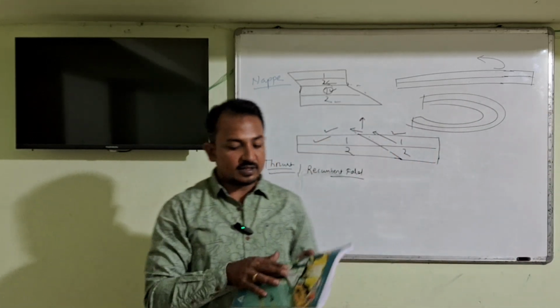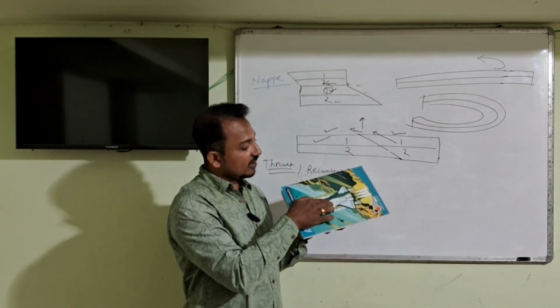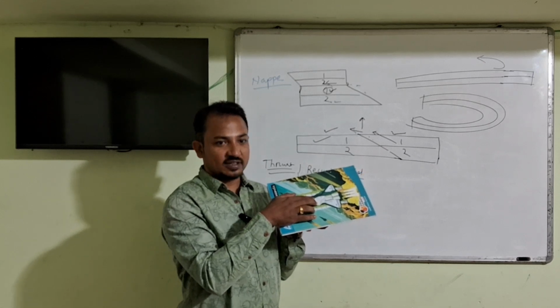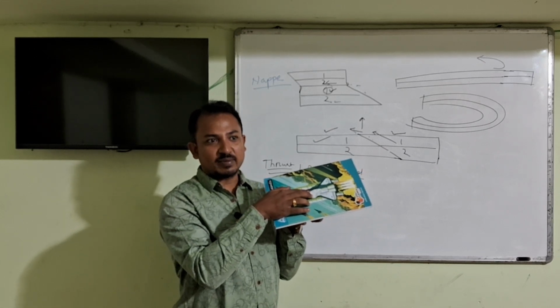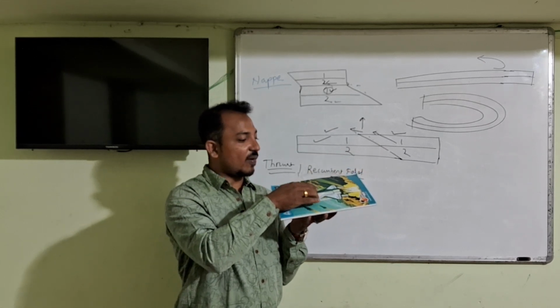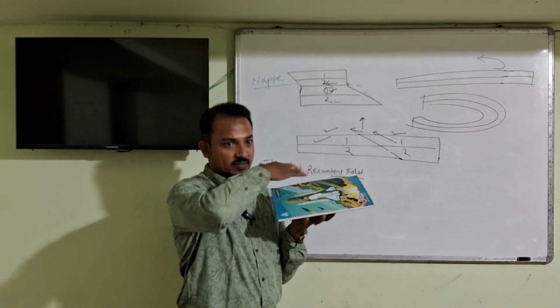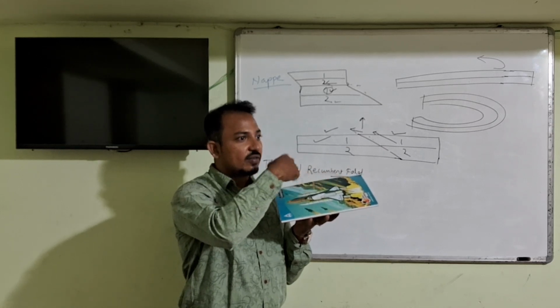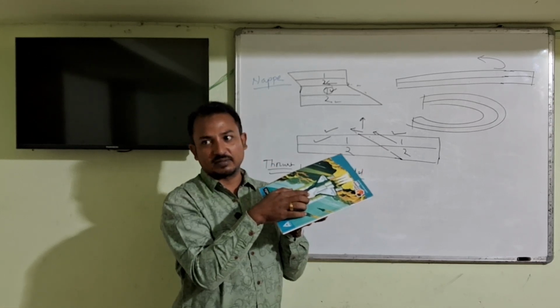Now think, only this thing remains from the thrust sheet. All other parts of the thrust sheet, the whiter part, have eroded, and only this part remains.